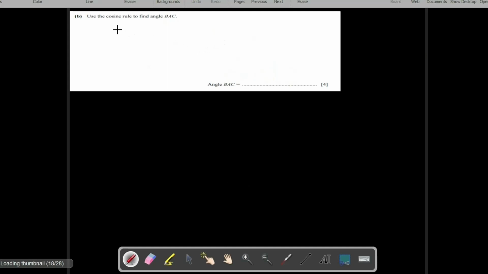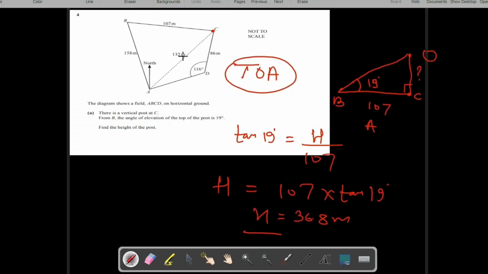Now use the cosine rule to find the angle BAC. Angle BAC, this angle we have to find out. So again, three sides are given, one angle we need to identify. So how can we use this?